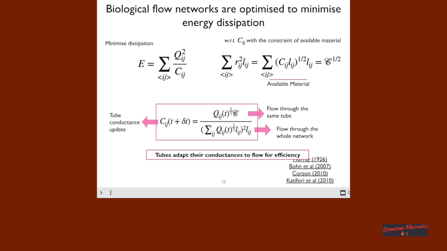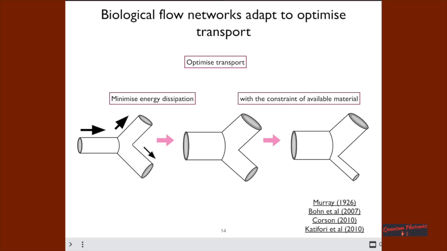So maybe if we go to slide 14, I can try to simplify the whole idea. The idea shown in slide 14 is that these networks are trying to optimize the transport through the network, because that's the main purpose.